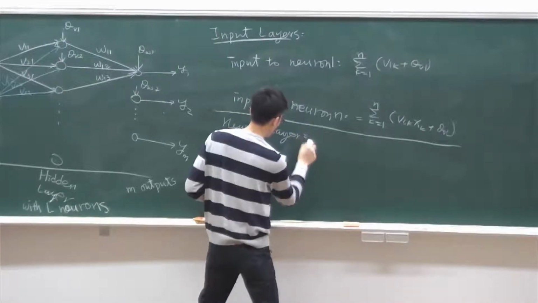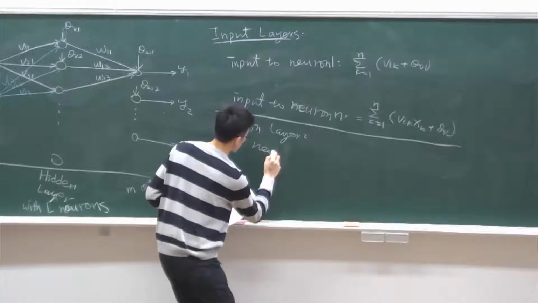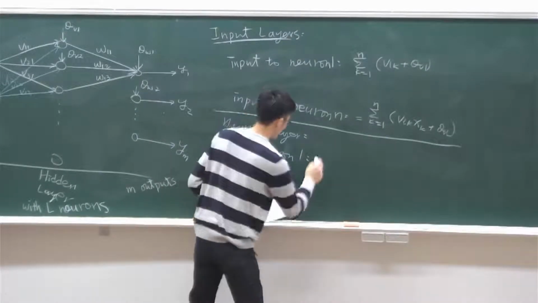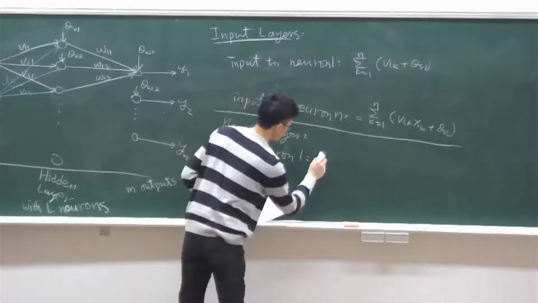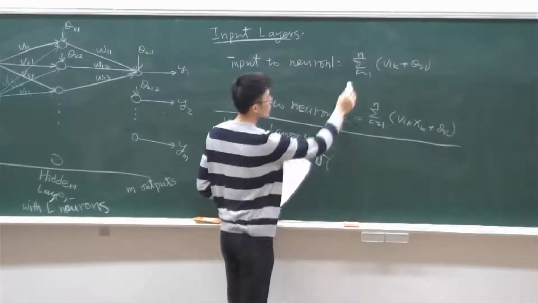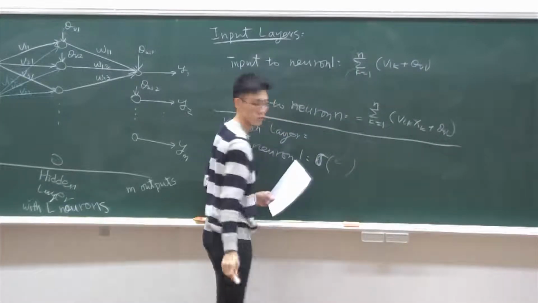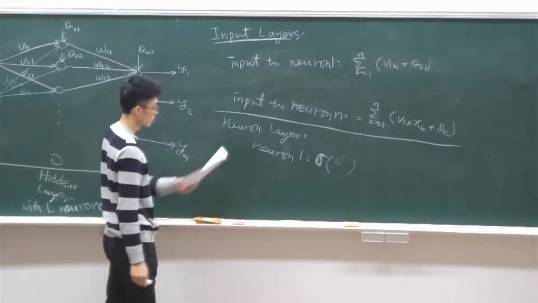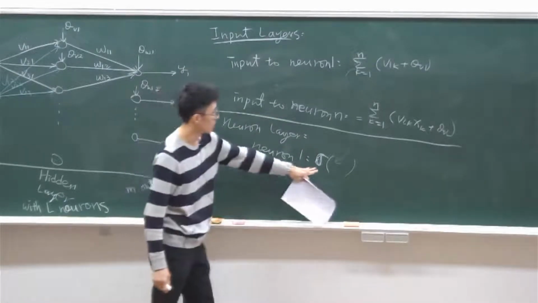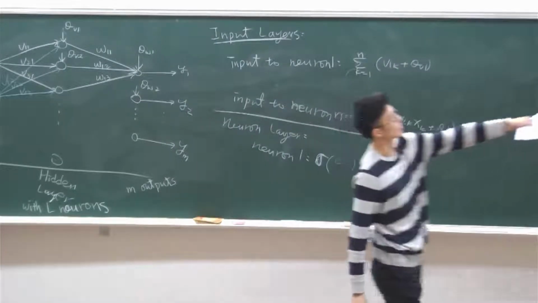For neuron 1, you put the input into the sigma. This is the input to the first neuron, and sigma can be, for example, this function.